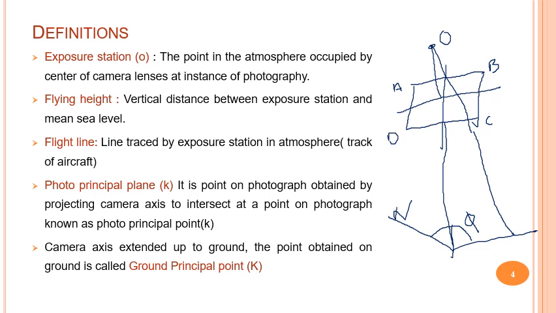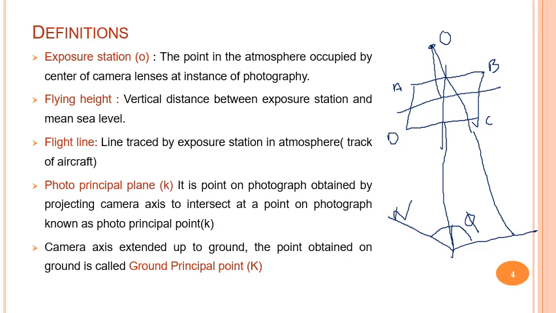Exposure station O: the point in the atmosphere occupied by the center of the camera lens at the instant of photography. This is called the exposure station O. Then flying height: vertical distance between the exposure station and mean sea level.